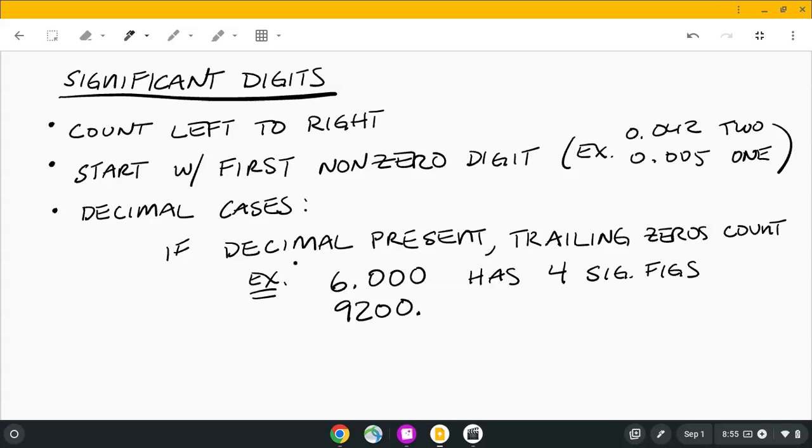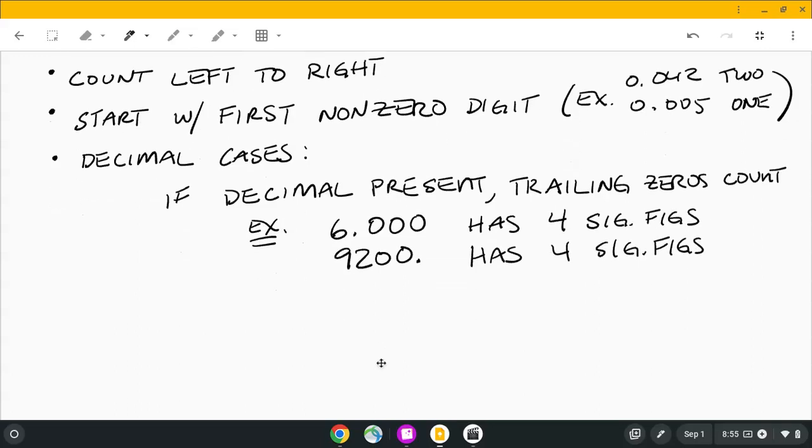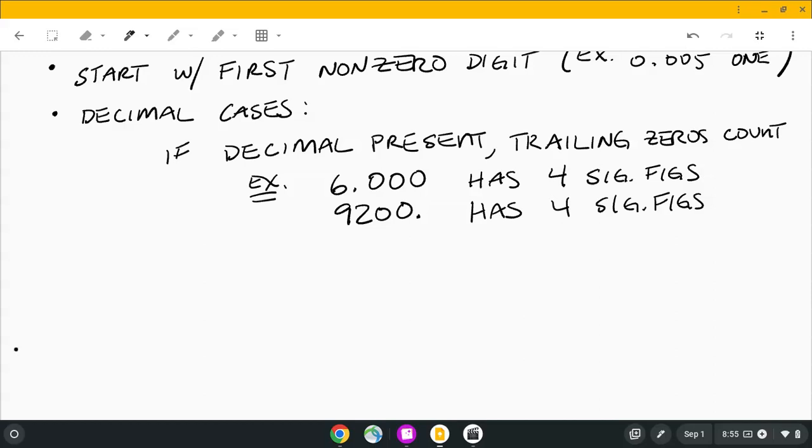It says if the decimal is present, there is a decimal present, so these trailing zeros count. So this one also has 4 significant figures. Now, if the decimal is not present, then they don't.